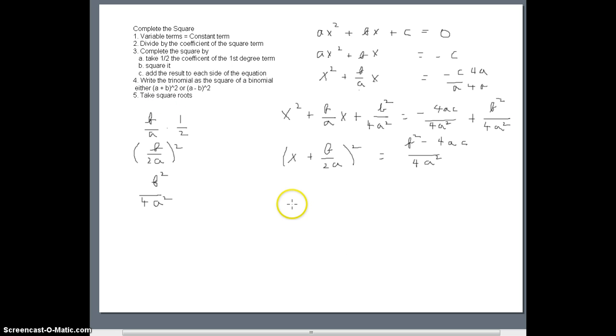Next, take square roots. Always simplify every square root as much as possible.